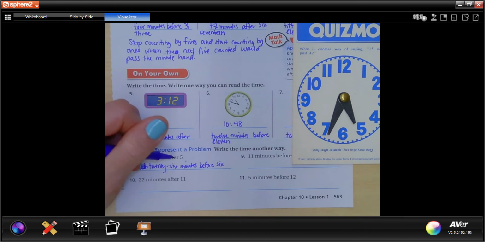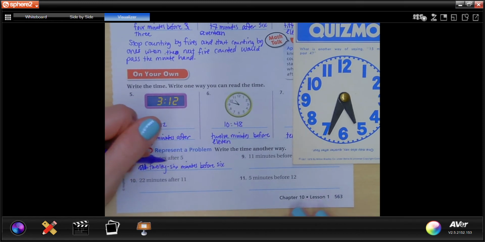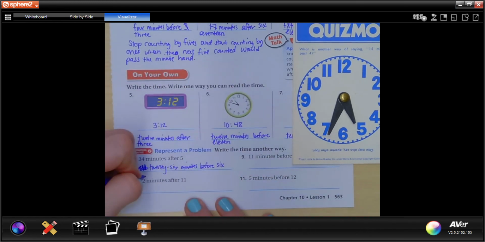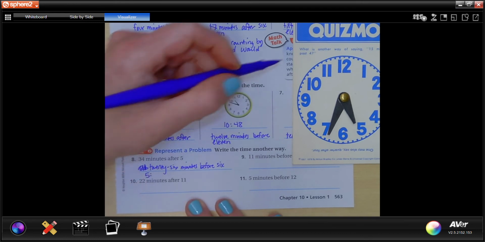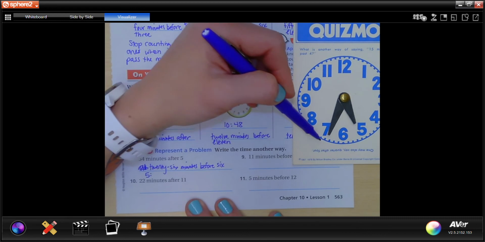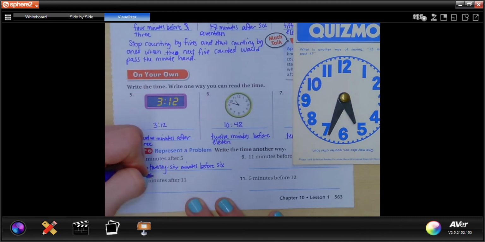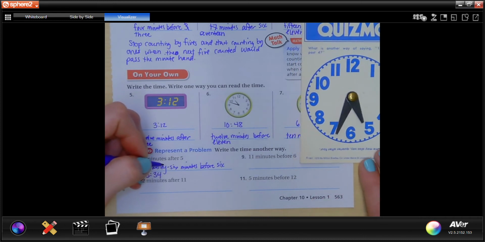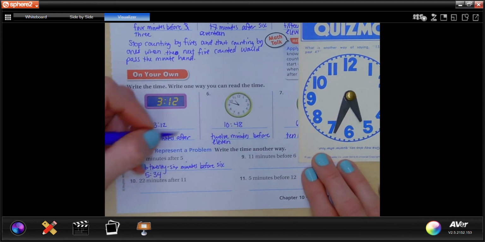Or we can also say, because it's 34 minutes after 5, we can say that it is 5, 10, 15, 20, 25, 30, 34. 5:34. 11 minutes before 6.